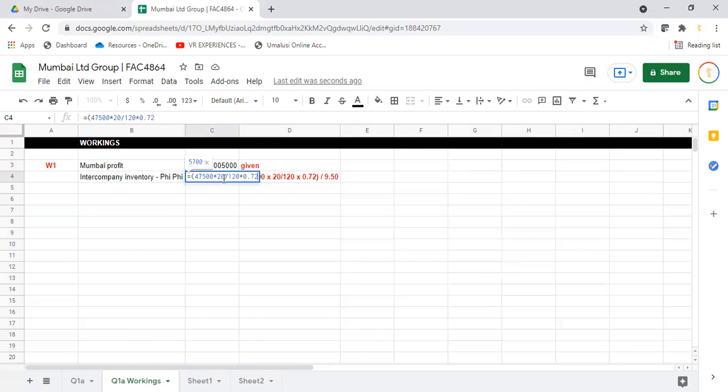Then that is in Thai baht, but I want to convert it into ZAR, so I divide by 9.50. I use the rate at year end because that is the inventory balance at year end.